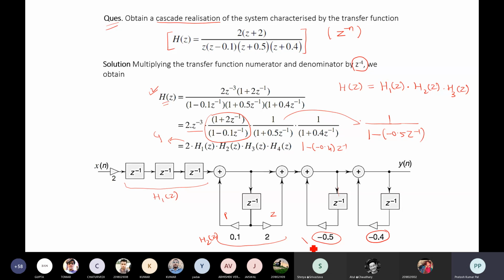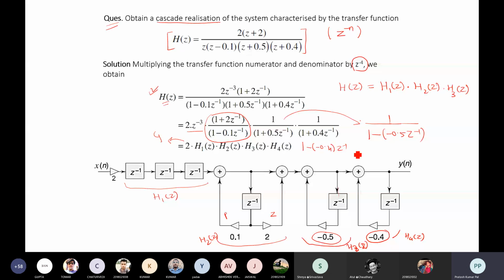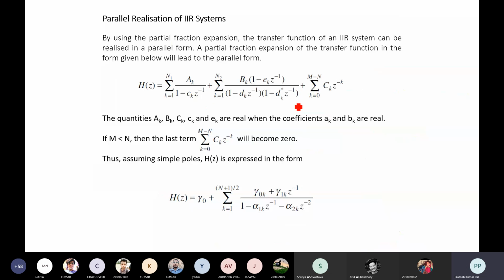So this is for h3 of z, and this is for h4 of z. This is how the cascade structure will be realized. Is there any doubt, or you can ask? So this is the cascade realization.